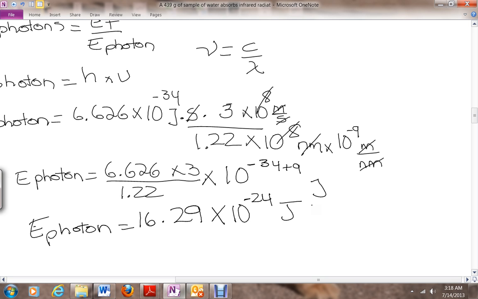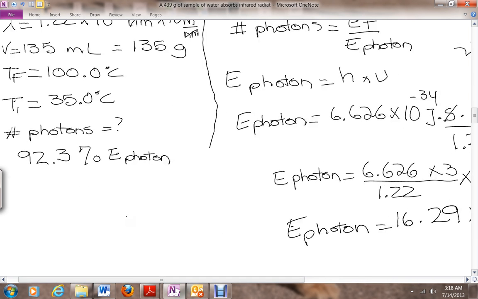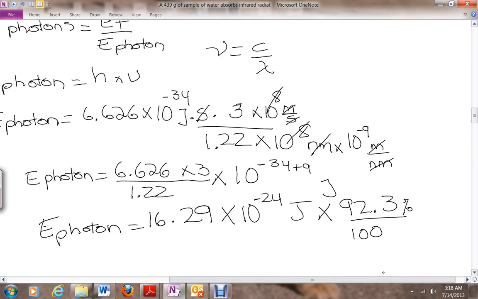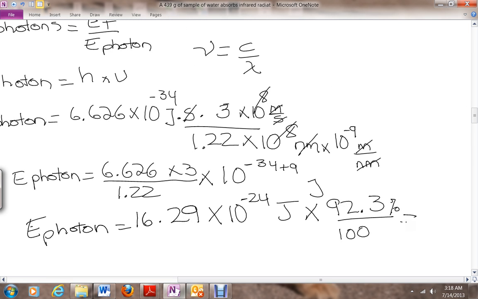Now this, you have to multiply by 92.3 divided by 100. Why? Because it's only 92.3% of this radiation that is converted into heat.